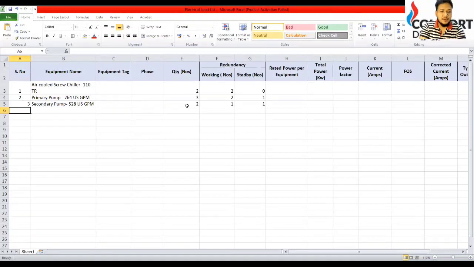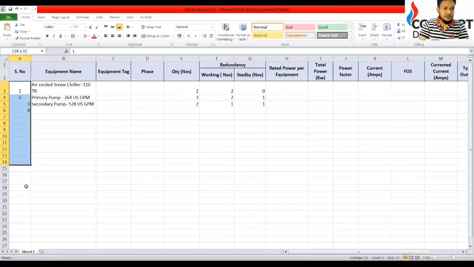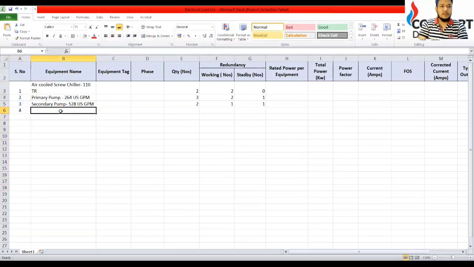Now coming to the AHU part. In AHU we have floor mounted AHU. This is of 11,000 CFM. Since I know the details, I'm just writing it here.